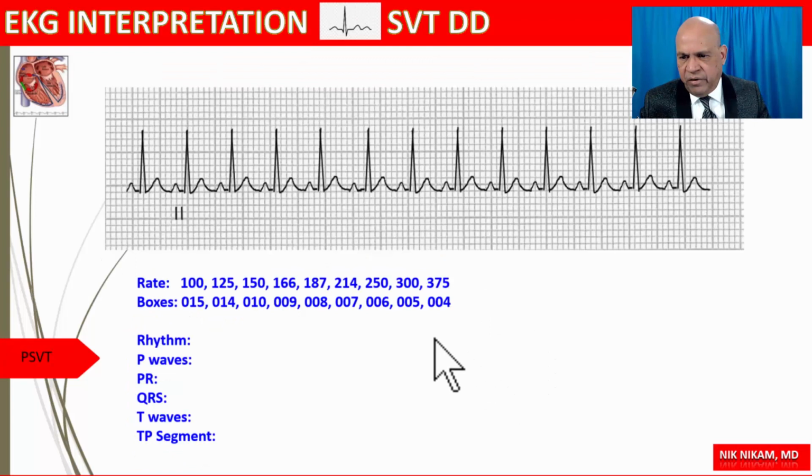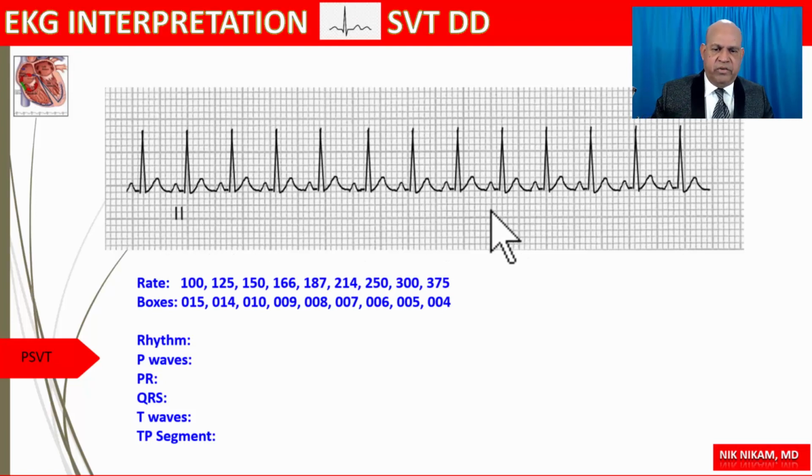Here we have a heart rate. Again, we have 5, 6, 7, 8. If you look at 8, the heart rate is 187, and we have a sinus beat, P wave, QRS complex, P, QRS. So there is a one-to-one relationship between the P and the QRS complexes. The QRS complexes are narrow.